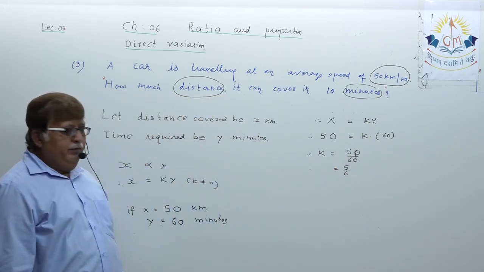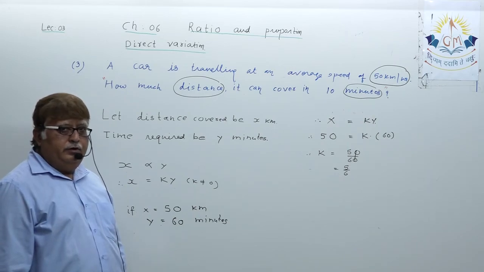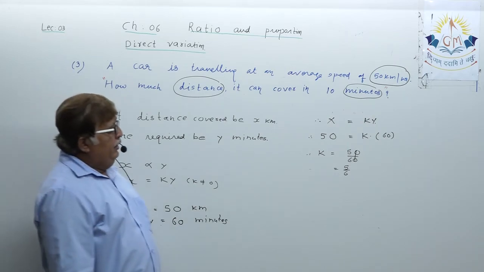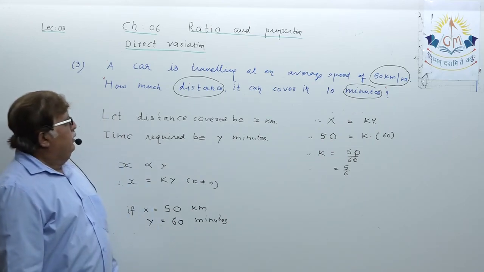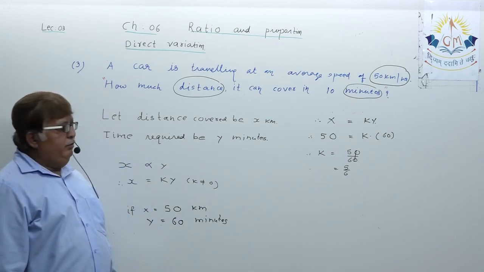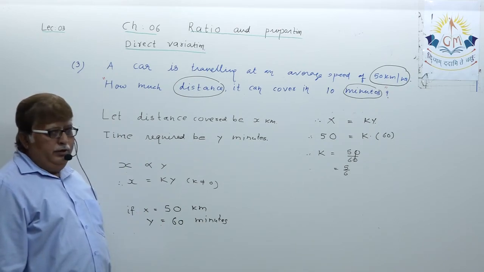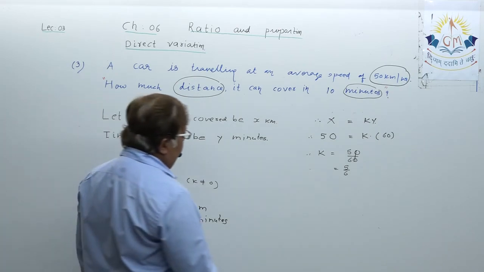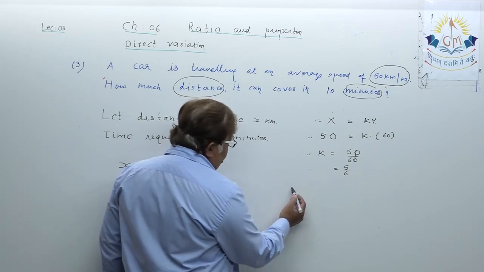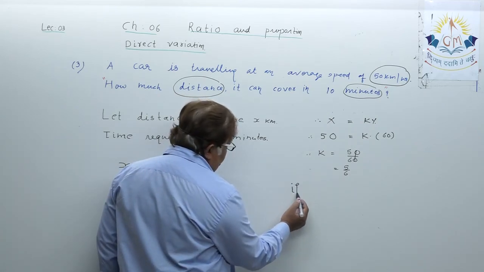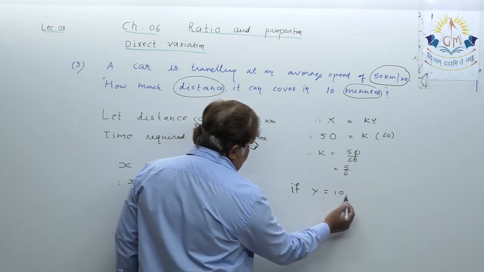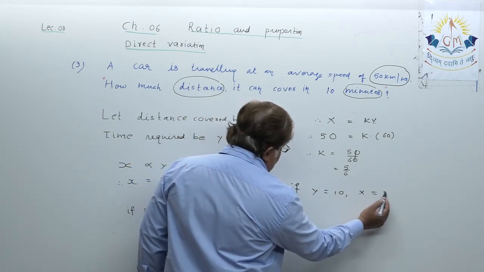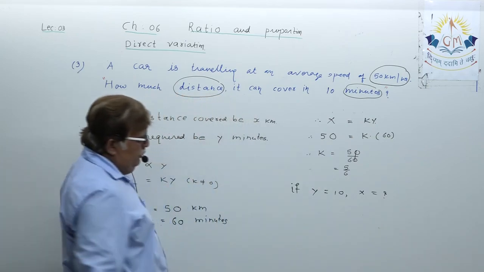So we got the value of k, dear student. And now what is the data? How much distance can it cover in 10 minutes? So how will you present it, student? If y equal to 10, x equal to question mark.